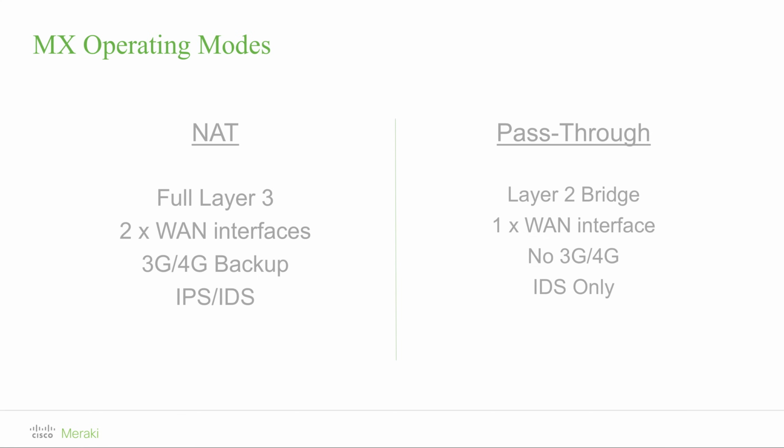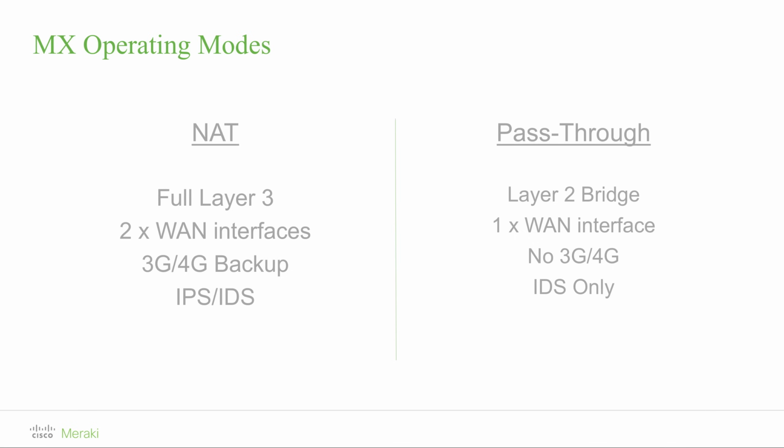When you put it in NAT mode, the concept is pretty simple and straightforward. Basically, it will work as a layer 3 device, or a layer 7 device actually. So you'll be able to assign IPs, create VLANs, and do all these kinds of things. Also, every MX can handle 2 WAN connections, so you'll be able to connect these 2 WAN connections and load balance if you like, or use the SD-WAN functionality.